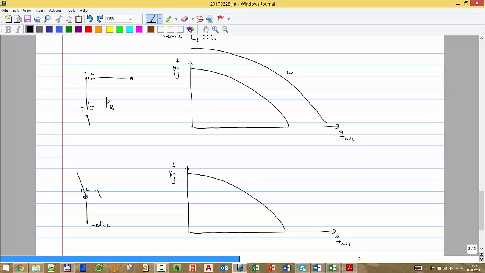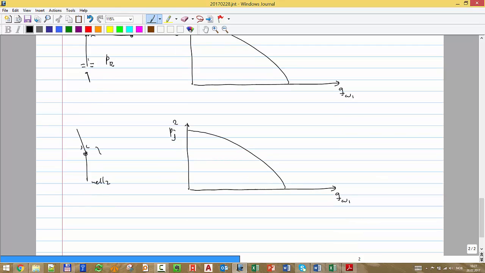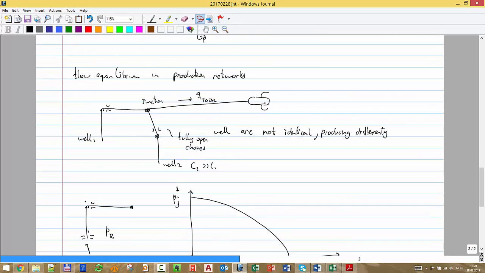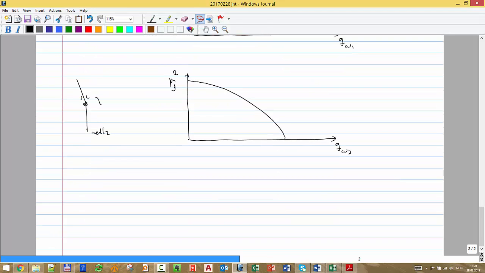So that will be the pressure at the junction seen from well 2. And then I look at that system here, and that system is what? I have a constant pressure at the downstream, P separator, and I have P junction as seen from the flow line, or from the, we usually call it pipeline.